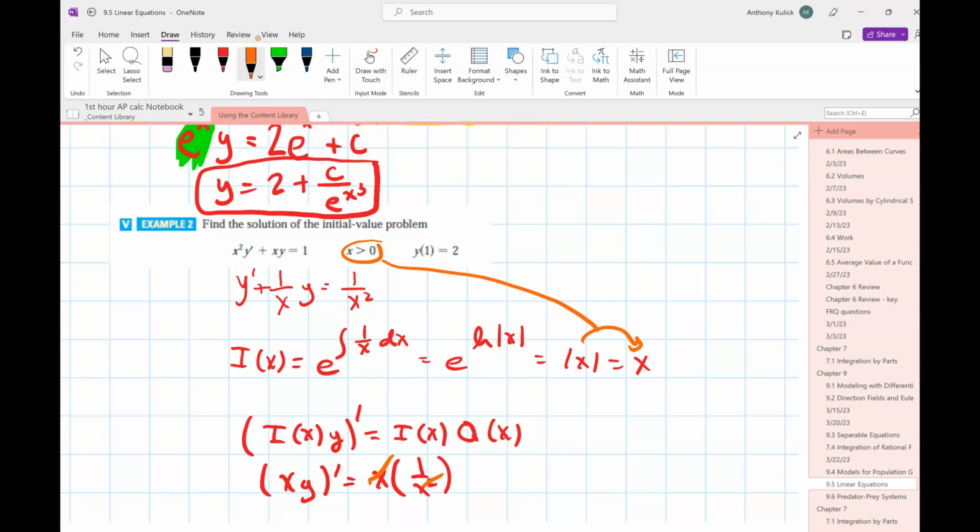So once we have I of x, we know the left-hand side is just going to be the derivative of I of x times y. The right-hand side will just be I of x times the q of x. Or just the right-hand side.